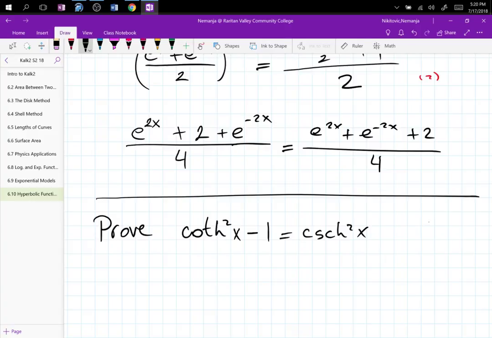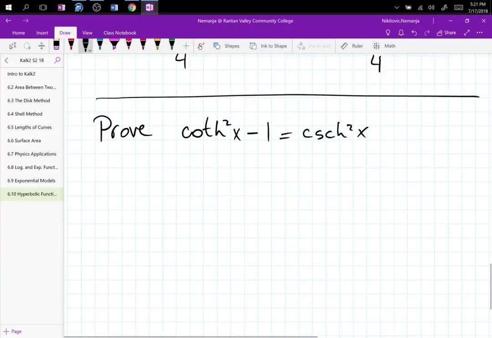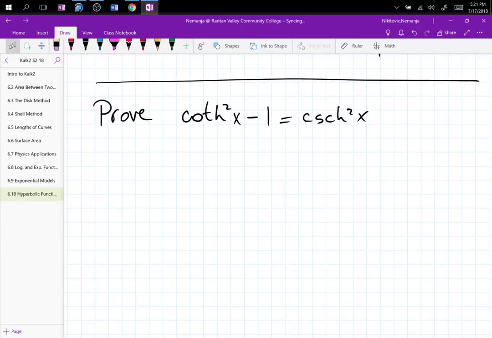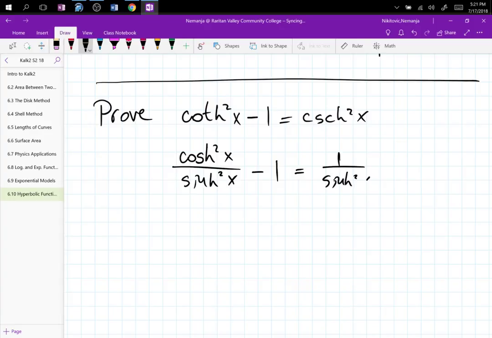So you have some of the denominators, right, and stuff. Oh, you went even with the substitution. That's some next level stuff. So what is the cotangent in terms of sine and cosine? The cotangent is cosine hyperbolic x over sine hyperbolic x, so cosine hyperbolic squared x over sine hyperbolic squared x minus 1 is equal to 1 over sine hyperbolic squared x.